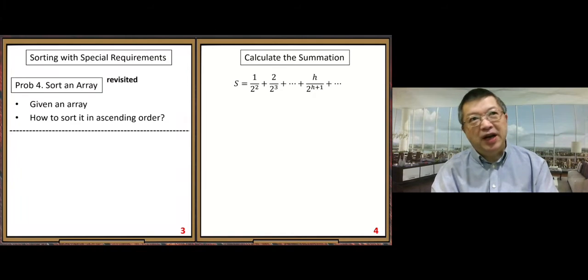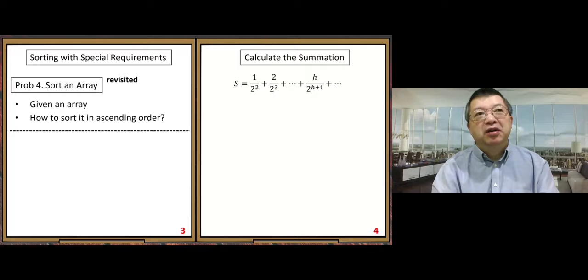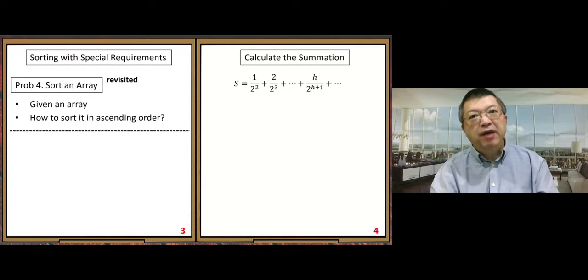Otherwise, not very easy. So you need to apply some smart trick. But what kind of property can you observe in this infinite series? What kind of special property you can observe?